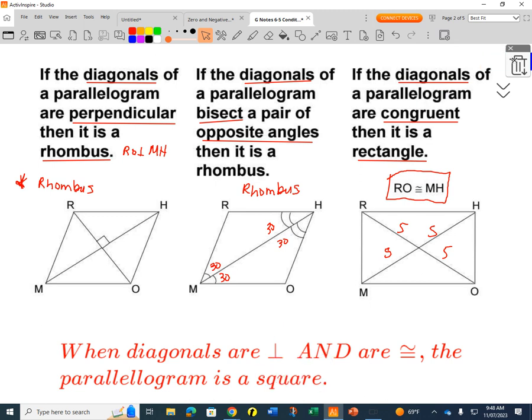So when diagonals are perpendicular and are congruent, the parallelogram is a square. If it's just perpendicular, we call it a rhombus. If they're just congruent, we call it a rectangle.